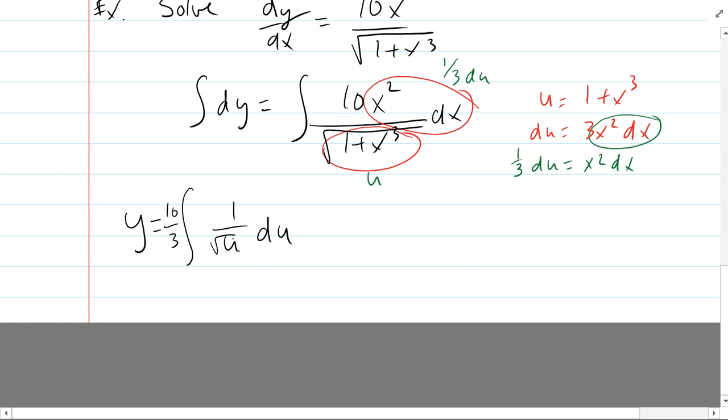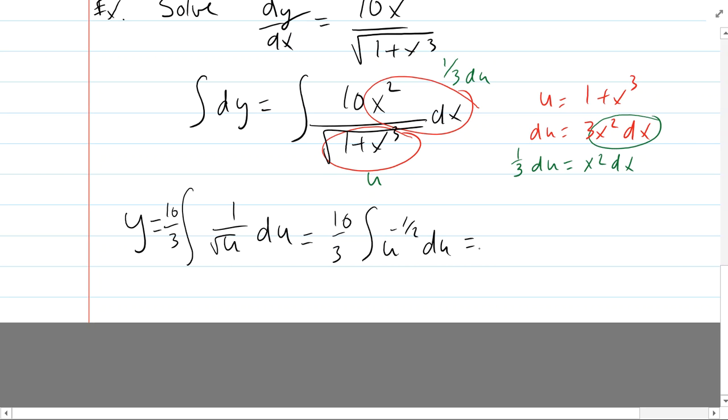Well, can I rewrite that as a fractional power, and can I change the sign and get it up in the numerator? Does everyone see that that becomes u to the negative 1/2 power? 10/3 integral of u to the negative 1/2 du.